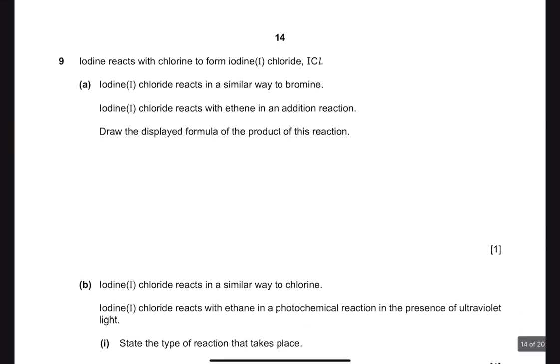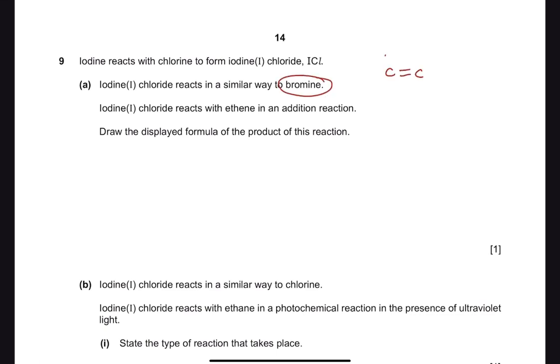Iodine reacts with chlorine to form iodine 1 chloride. Iodine 1 chloride reacts in a similar way to bromine. Iodine 1 chloride reacts with ethene in an addition reaction. Draw the displayed formula of the product of this reaction. So let me recall the reaction with bromine.